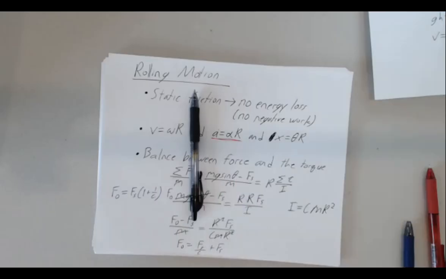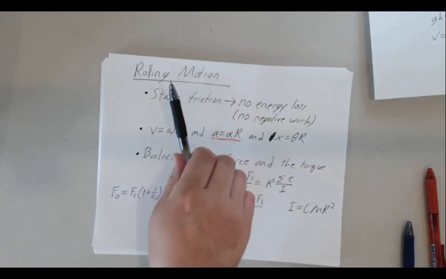Right. Because static friction only tells you how much force you could possibly have. It doesn't tell you how much force you actually have. You actually have whatever force is needed to keep two things from sliding relative to each other. That's all static friction does.